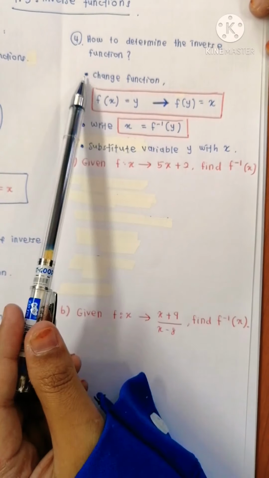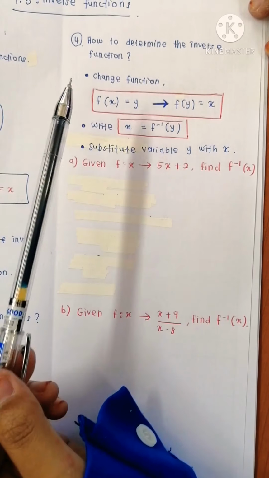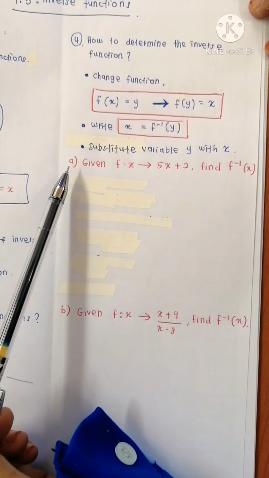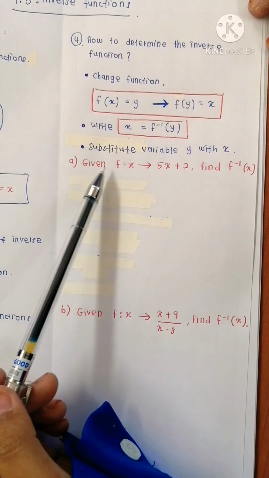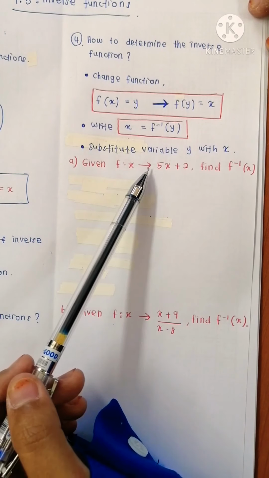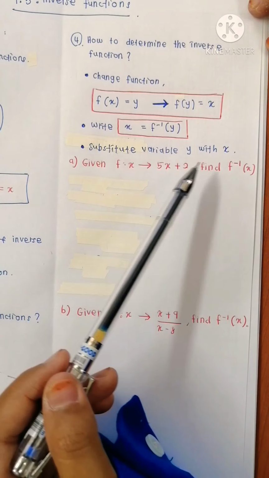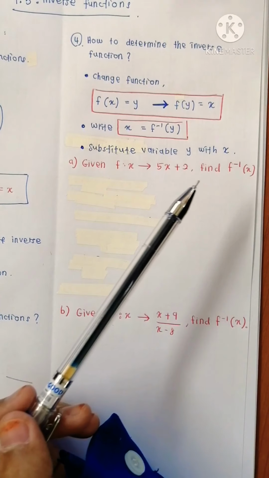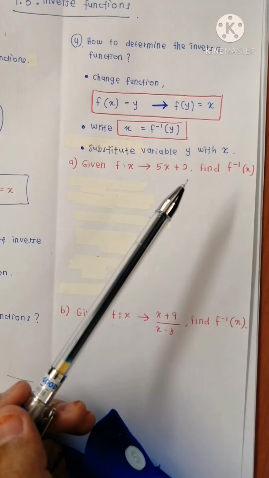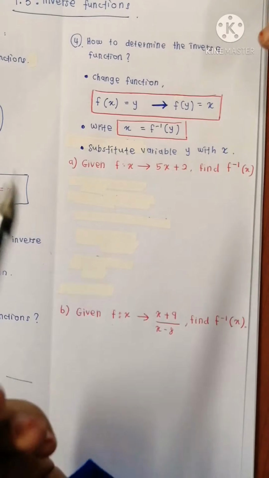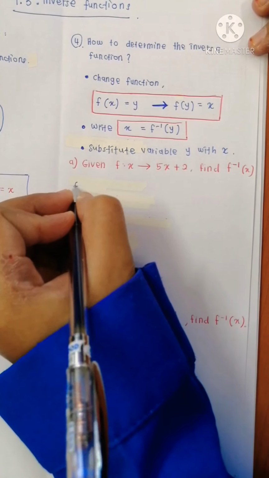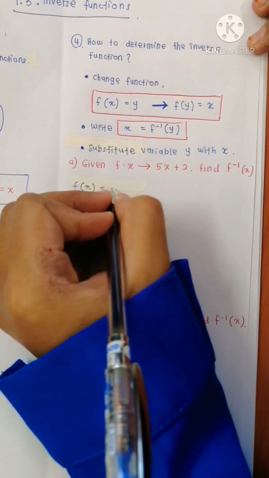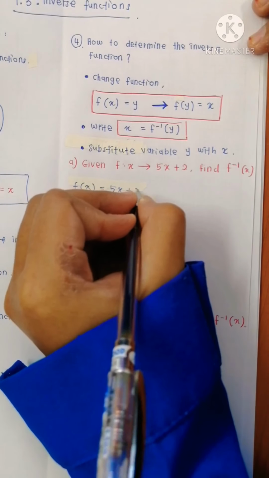Okay, how do you apply these three steps? Then we will proceed with the example. Look at A. Given that f of x is equal to 5x plus 2, the question asks you to find the inverse function f of x. Okay, how do you do it? Do it like this. We know f of x is equal to 5x plus 2.